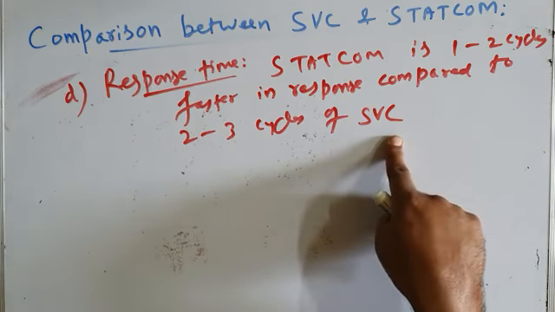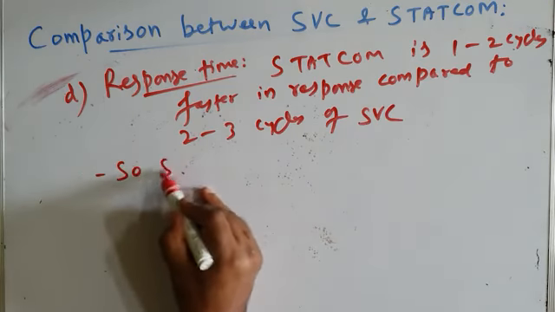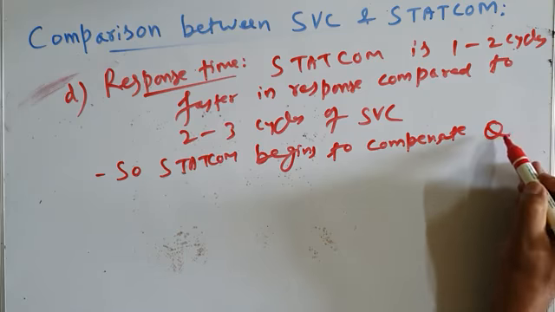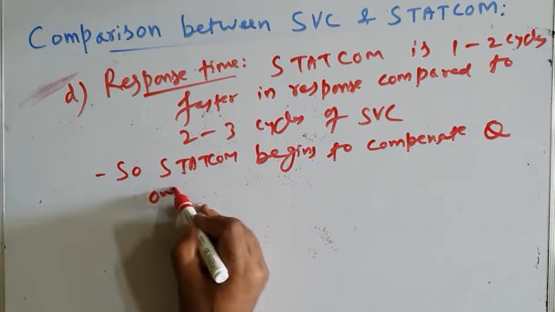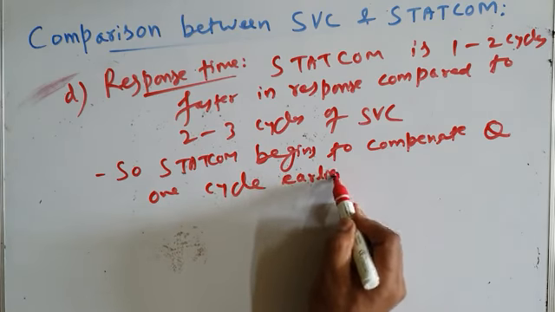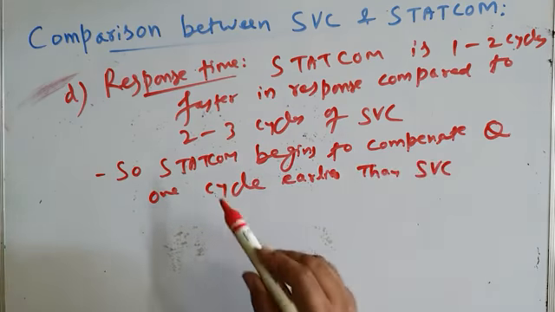Therefore, we can say STATCOM begins to compensate reactive power Q 1 cycle earlier than SVC. So the response time of STATCOM is 1 cycle faster than that of SVC.